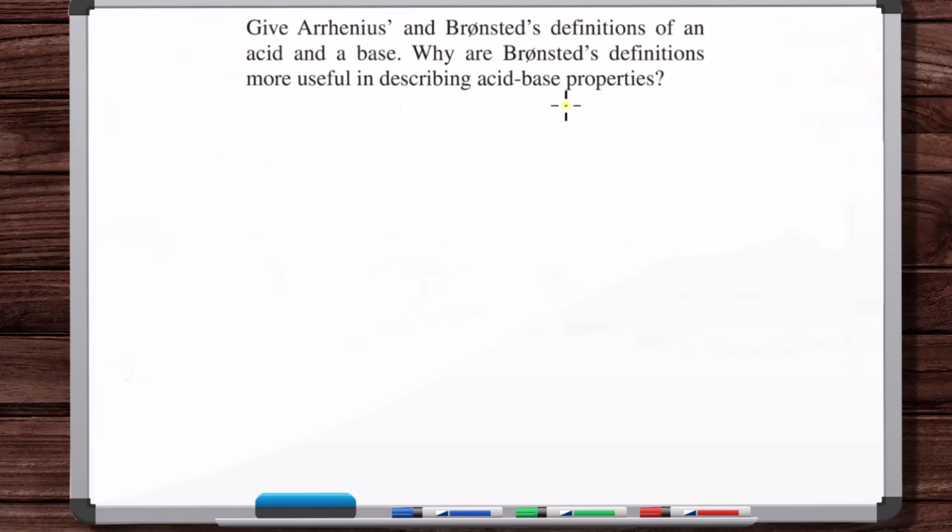Another way of looking at this is that when the substance is added to the solution, the H+ concentration decreases. Notice the Bronsted definition isn't saying that the substance must yield OH- ions. This is important because yielding OH- ions in water isn't the one and only direct way for a substance to act as a base in aqueous solution.